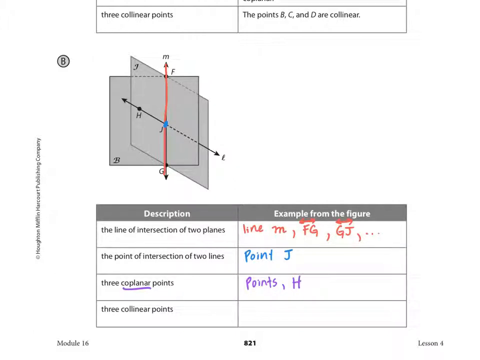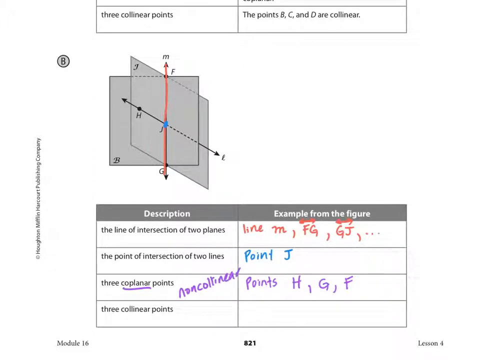Point H, and then I'm going to pick 2 of the other points. So we could say G and F. If I picked J and F, that's also fine. So when we talk about 3 points on the same plane, we also want them to be non-collinear. So I'm going to make a note of that here.